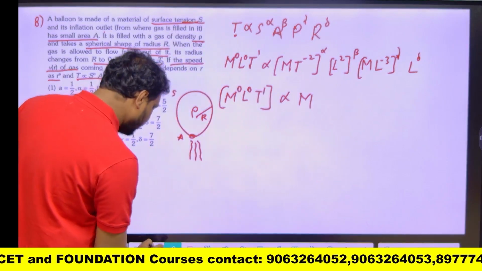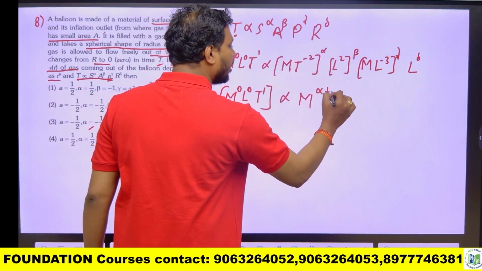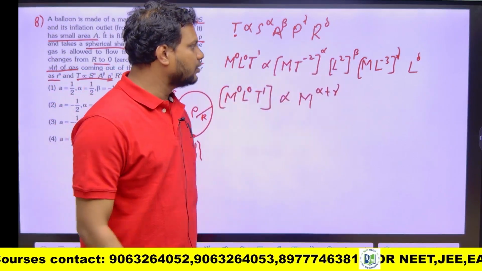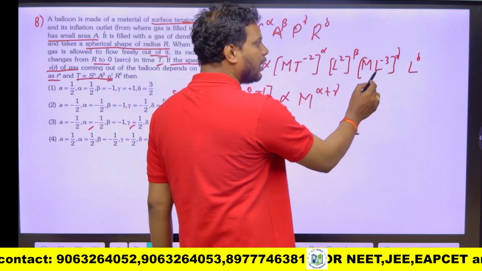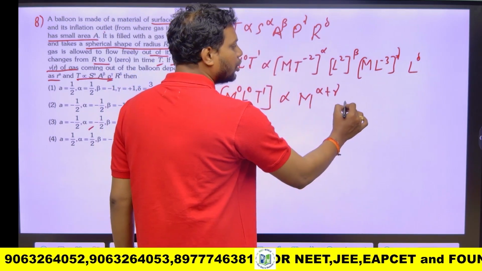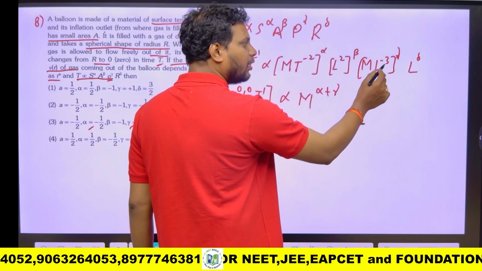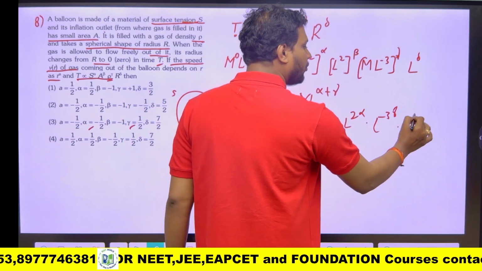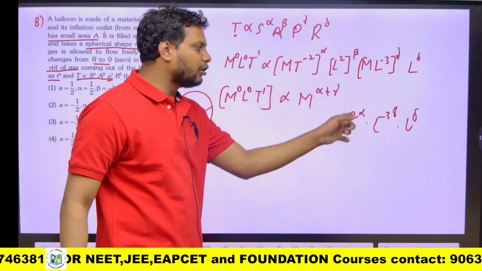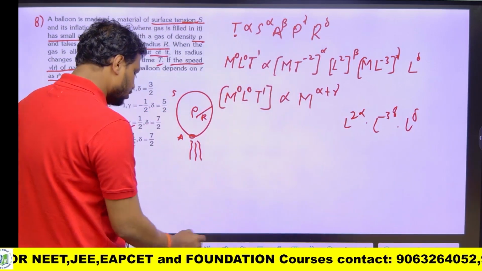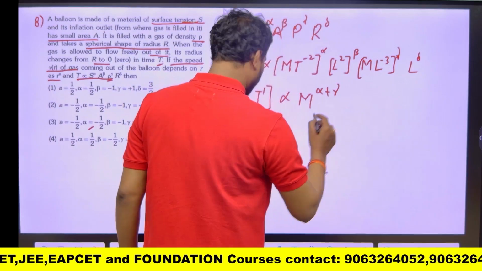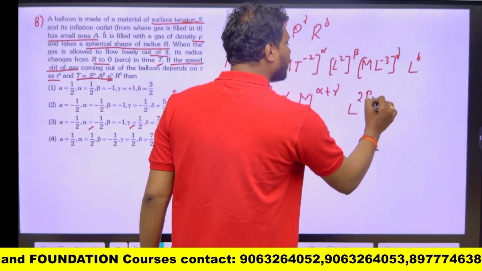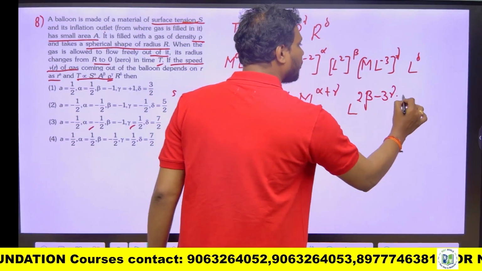Similarly, if I take the powers of L, this is L power 2 beta, L power minus 3 gamma, and L power delta. As the bases are equal, you can add the powers, so you will get L power 2 beta minus 3 gamma plus delta.